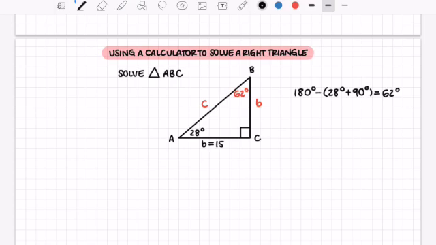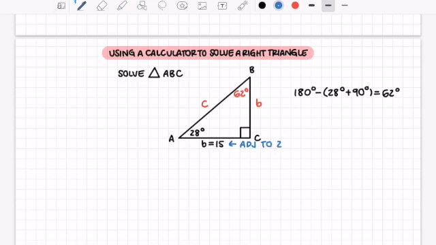I like to focus based off of what's given to us. If they already give us 28 degrees and they give us 15, I'd rather use what's given to us to find out what C is and what B is. So let's start off with trying to find out what C is equal to. What I know is that for 28 degrees, this is going to be my adjacent side.